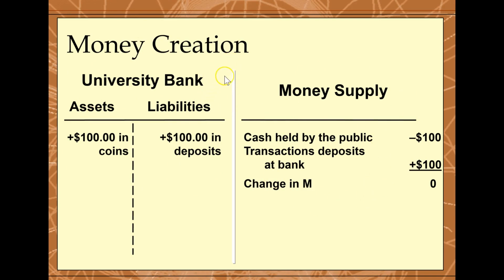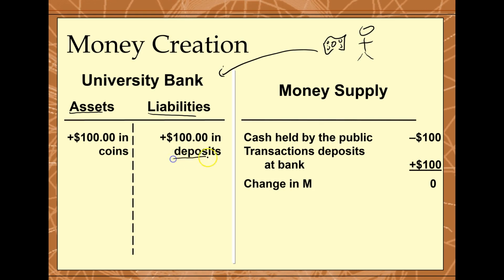So when that student, let me draw this for you. Hold on. So when that student, this is the student right here. I'm going to draw a little student right here. And that student had a $100 bill. And when the student deposited it into the bank, this created two registries in the balance sheet. One is a liability to the bank. Another one is an asset to the bank.